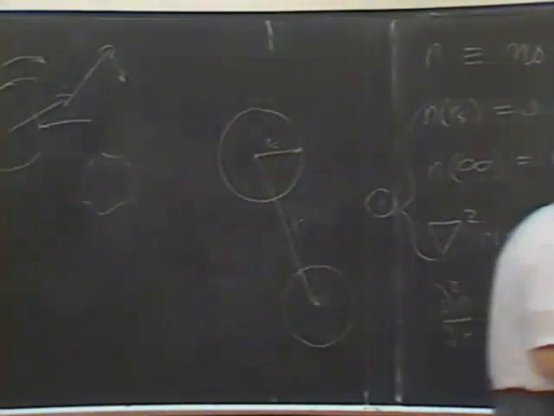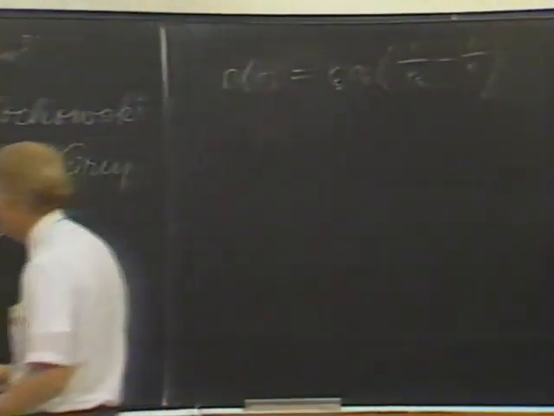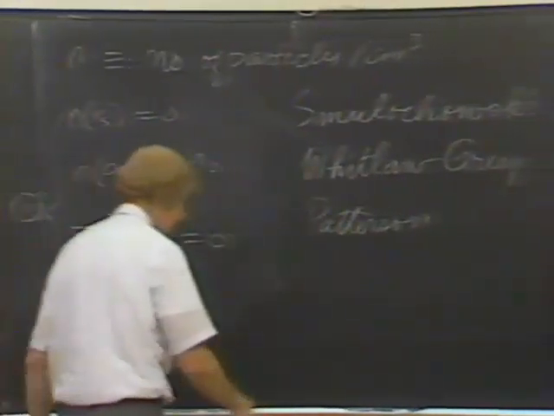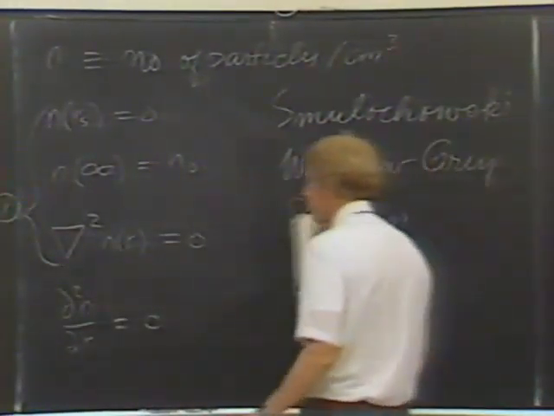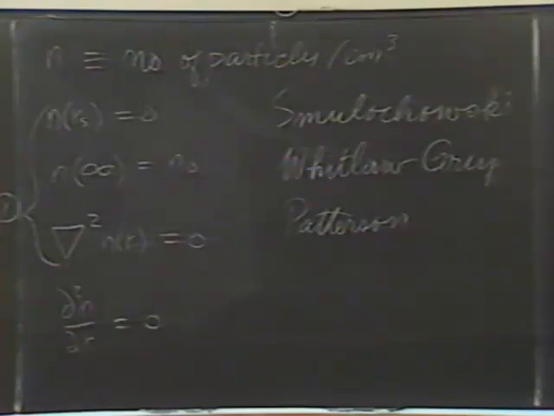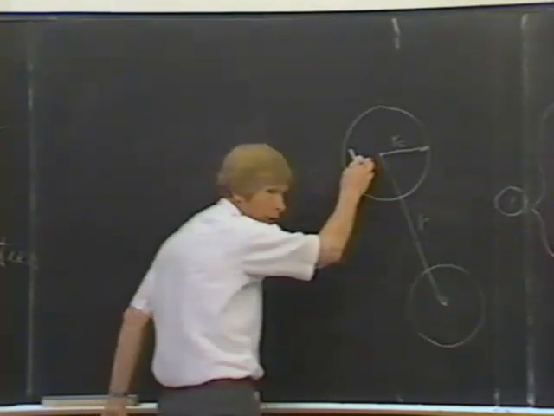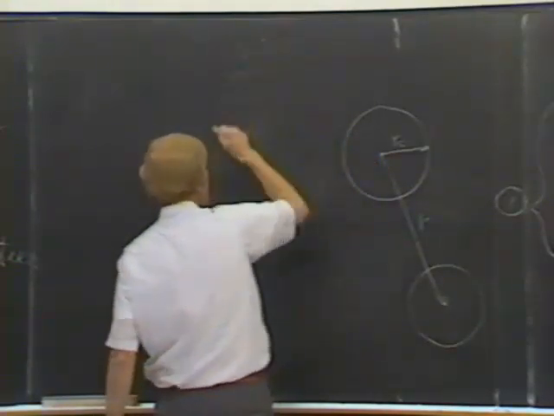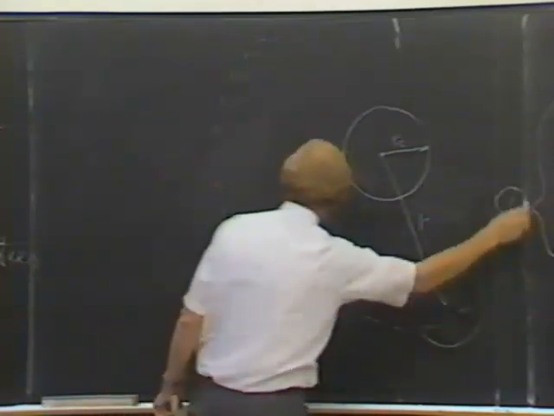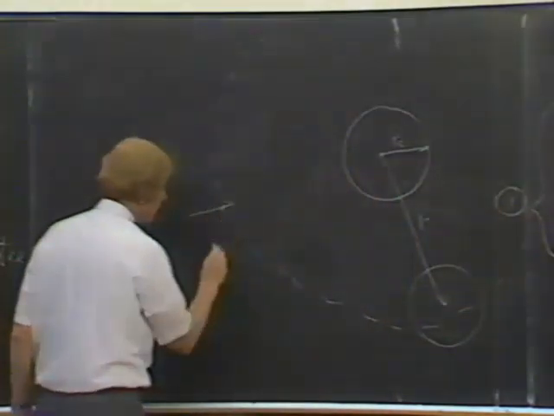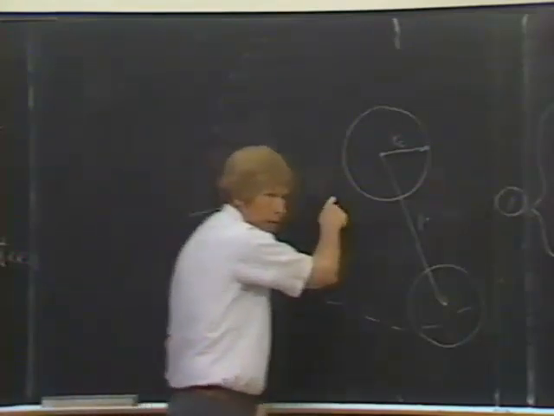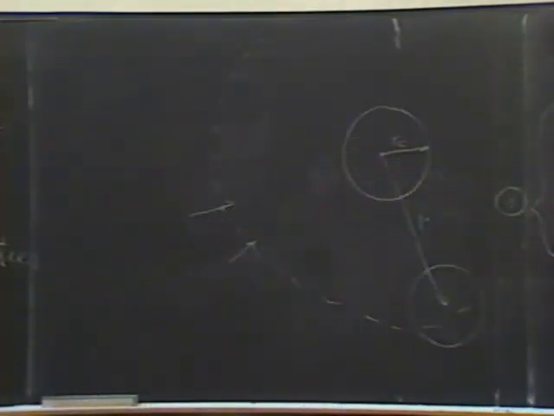Now we can describe the flow of particles toward the individual particle by describing the flux of particles through a sphere. Let's consider this is the central particle we're concerned with, and we'll consider a sphere around that particle, and the flux of particles through this sphere toward the central particle. I'll call the flux J, and it's due to thermal motion, so we can say it's diffusion.